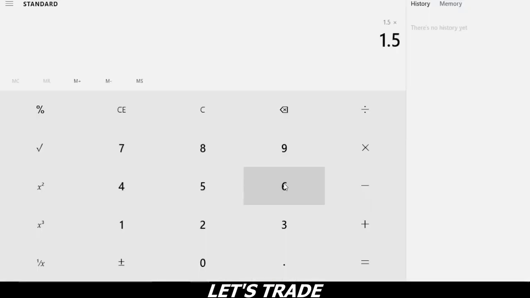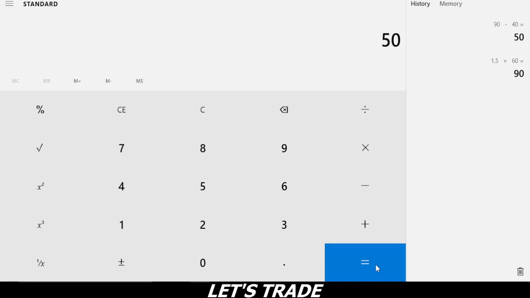Let's say over the course of 100 trades, I have a 60% win rate. Remember, 40 of those 100 are losses, because with a 60% win rate, 40 will be losses. So minus 40, which means I'm up 50% after 100 trades.